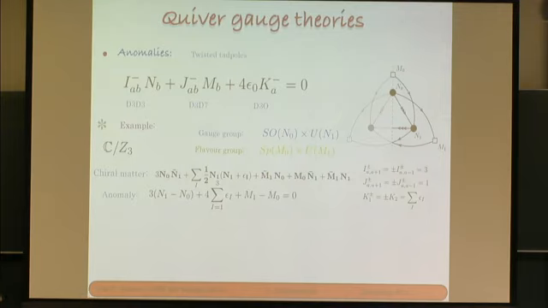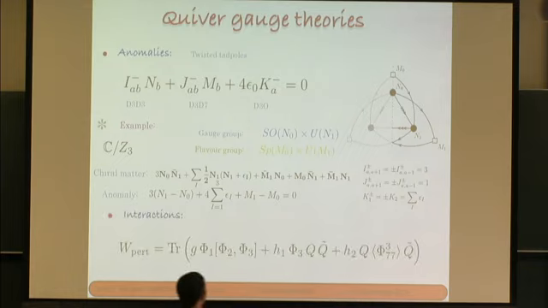The other you can fix by anomaly. But you see already that you can produce several types of gauge theory with the matter content you want. The only important thing is that the group is made as a product of unitary groups, and the matter is just fundamental, bifundamental, or antisymmetric or symmetric matter.